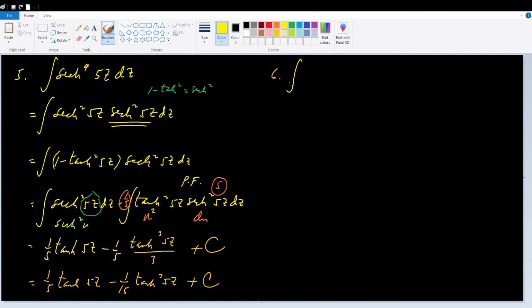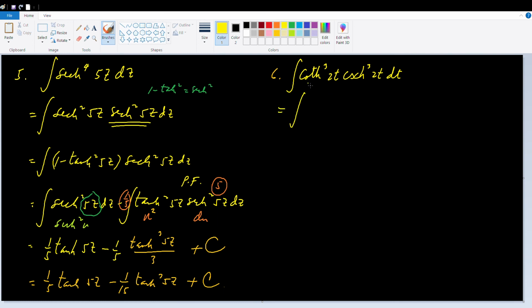Let us try the integral of hyperbolic cotangent cubed 2t times hyperbolic cosecant cubed 2t dt. For trigonometric functions involving powers of tangent, cotangent, secant, and cosecant, if the power of cotangent is odd, it falls under case 4, so we can apply the rule of case 4.